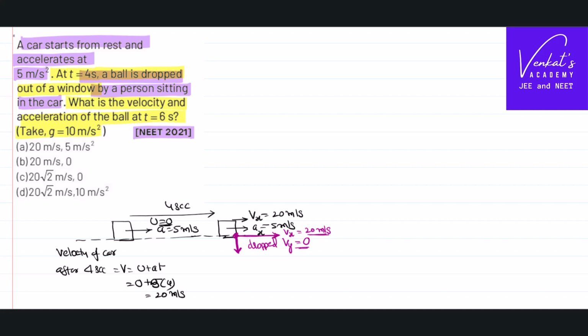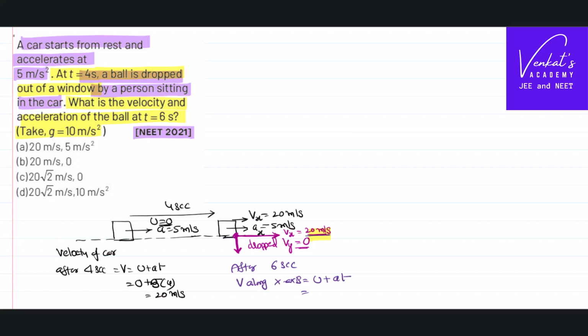That's fine, right? So you need to know the velocity after some time. So how does the velocity along the x direction change after some time? Let us consider that part. After 6 seconds, v along the x-axis is, again using the same formula, u plus at.